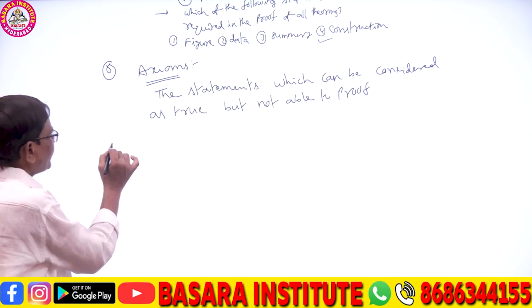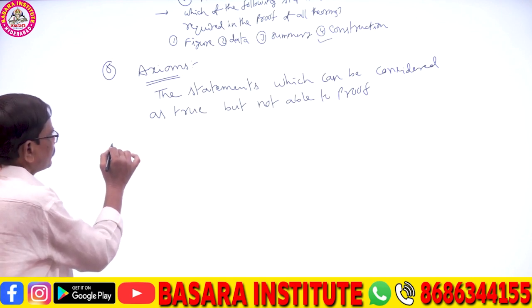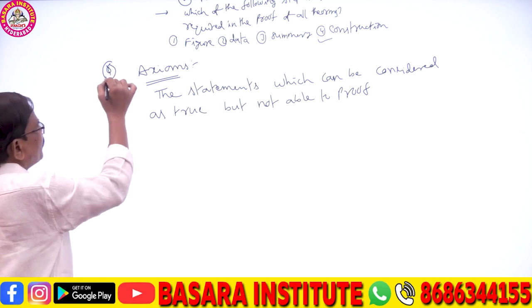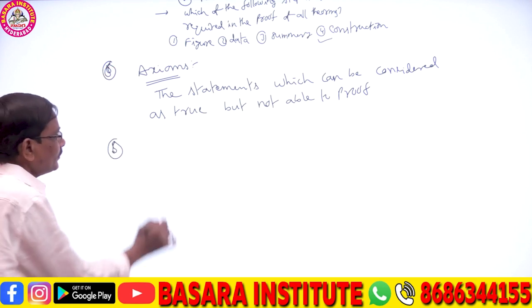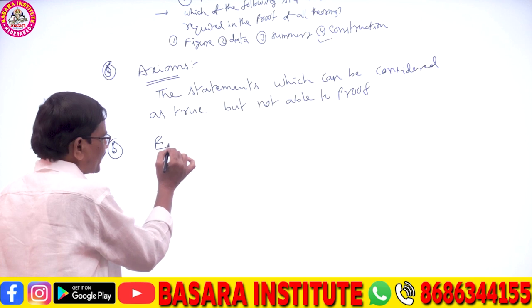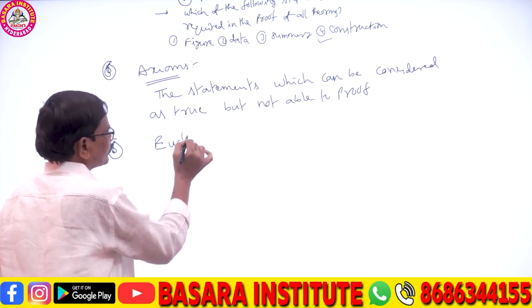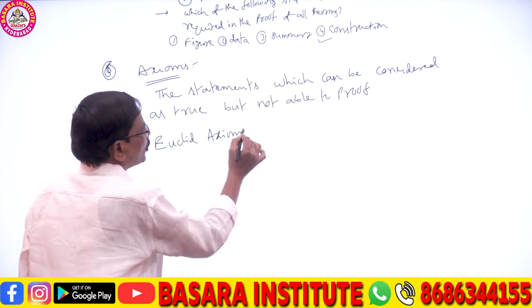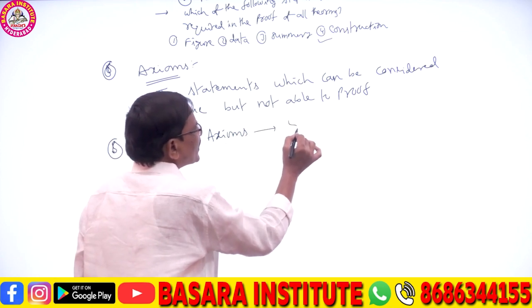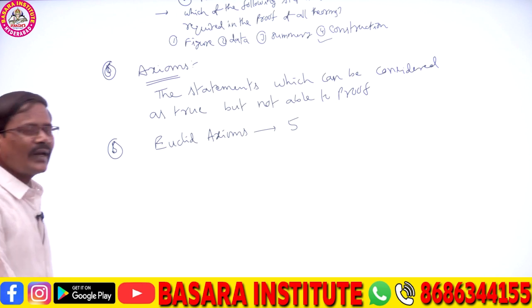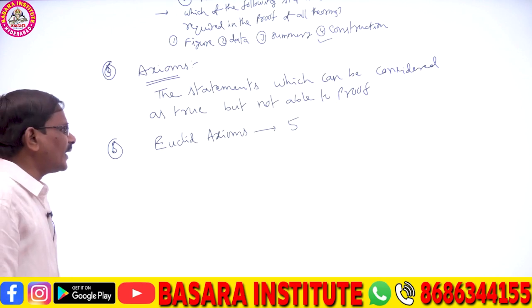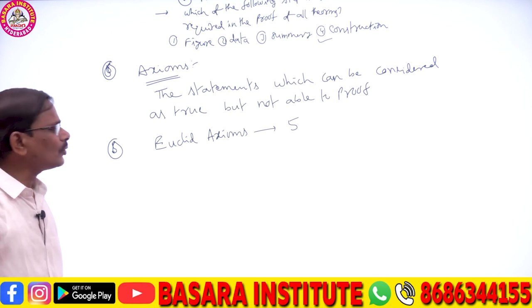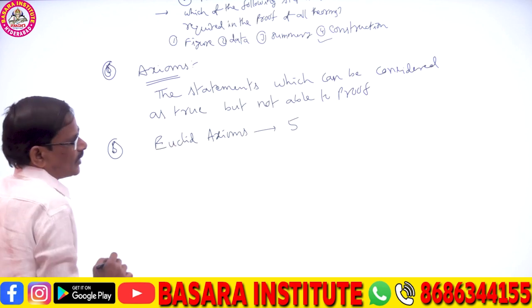Now the next one, this is the fifth one and the sixth one. Euclid axioms are dash. How many axioms are there? 5 axioms are there. So Euclid axioms are 5.